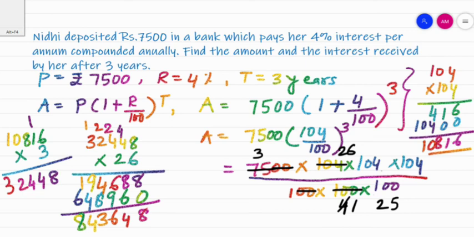Okay. So this will be equal to 843648 divided by 100. So let us quickly clear here.